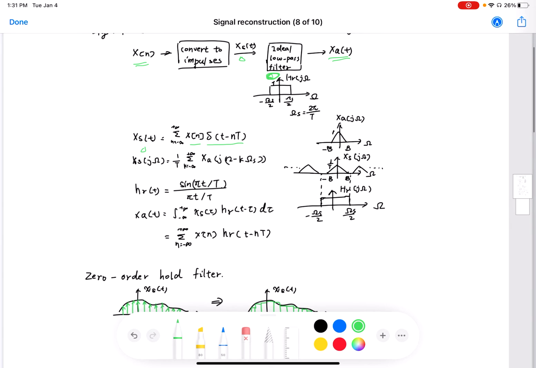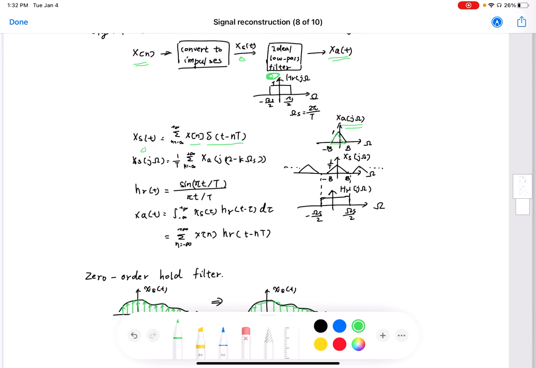Firstly, when we do sampling, suppose the continuous signal in frequency domain looks like this triangle.